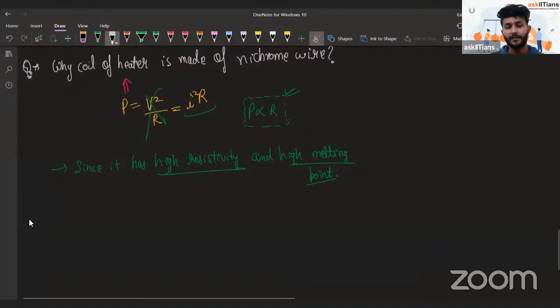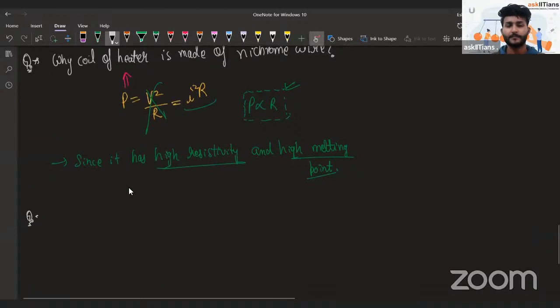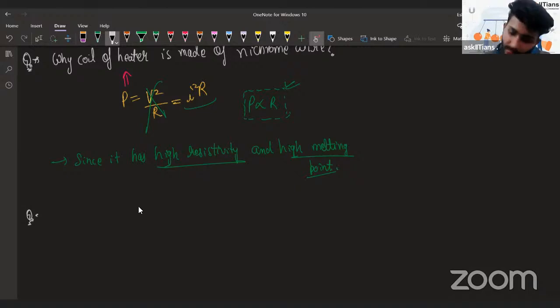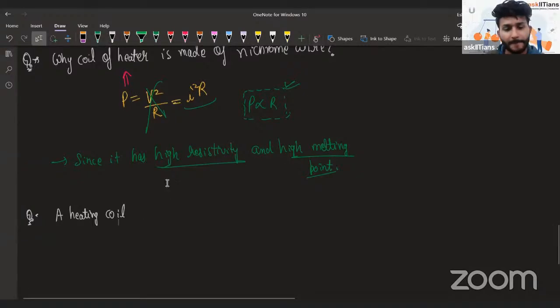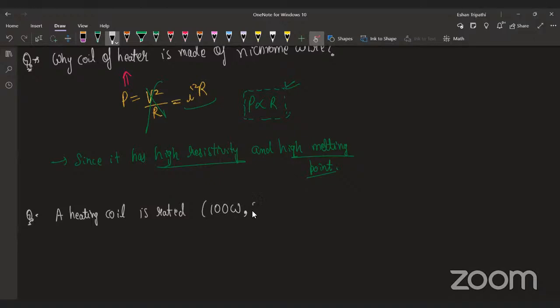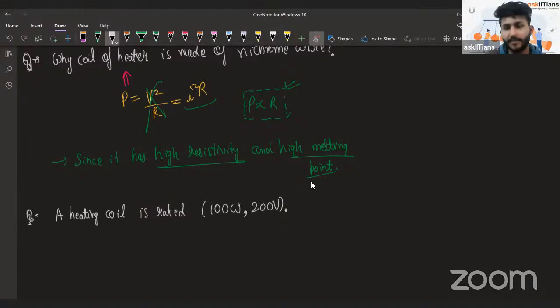Then another question that they can ask. A heating coil, let me give you this question. A heating coil is rated 100 watt, 200 volt. Let me just give the question, then I'll take up your question.